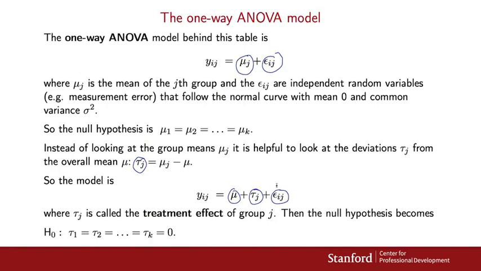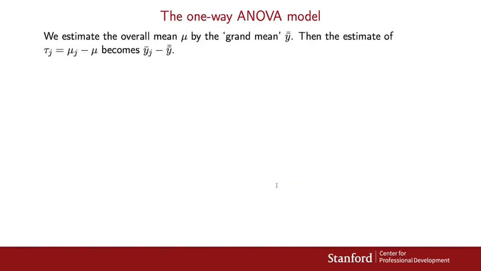Since we are now looking at deviations from the overall mean mu, the null hypothesis becomes that all these deviations are 0.